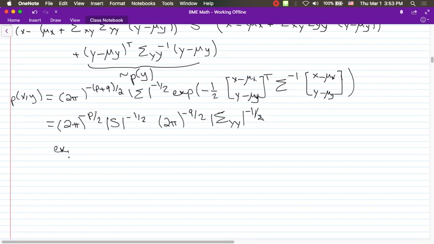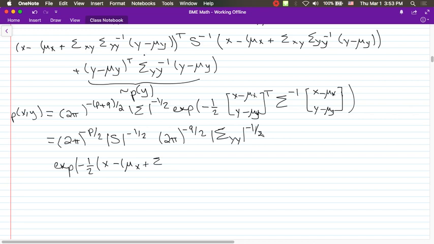So this is times the exponential of minus 1/2 x minus mu x plus, here it is, up here, sigma xy, sigma yy minus 1, y minus mu y, transpose S minus 1, x minus mu x plus sigma xy, sigma yy minus 1, y minus mu y.